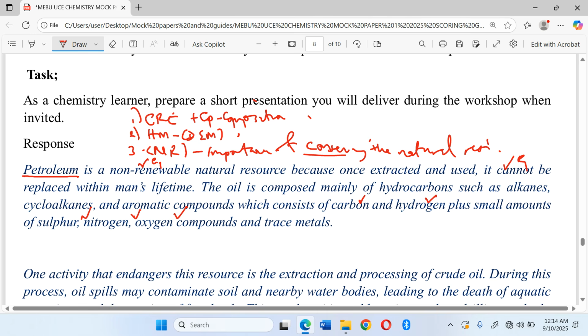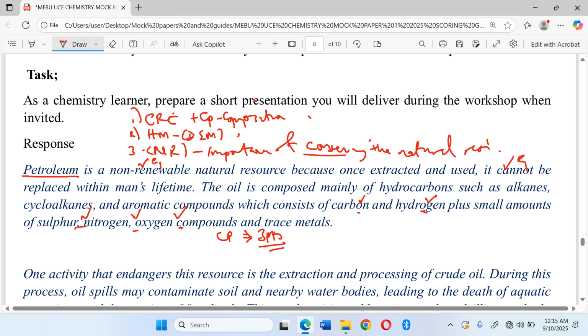So we say that when you're giving the composition, at least we have to give 3 points. And you can see here we have the composition 1, composition 2, we have composition 3, 4, and then composition 5. So which means we have all the scores there.